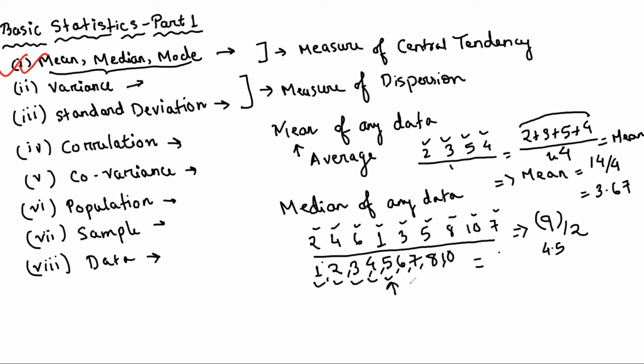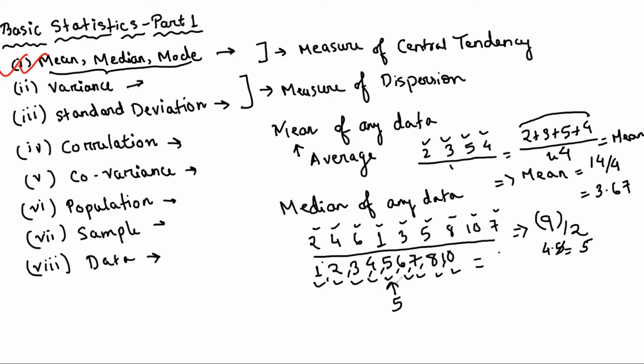So this will be the median, right? Because you see, there are 4 observations on the left hand side, and there are 4 observations on the right hand side. So 4.5, if you just truncate this, is 5 only. So 5 is the median.